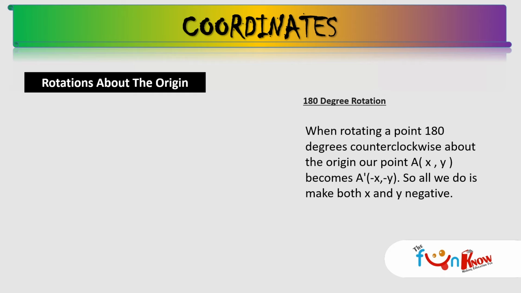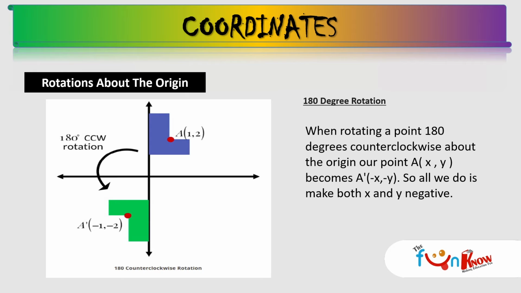So the new point will be (-x, -y). See here, students, the original point was (1, 2), but after 180 degree rotation, A', the new point, will be (-1, -2).